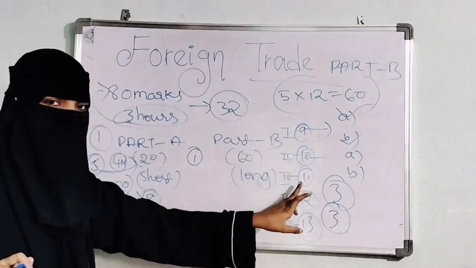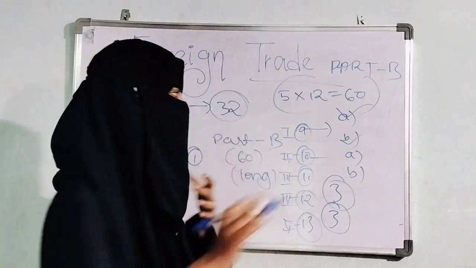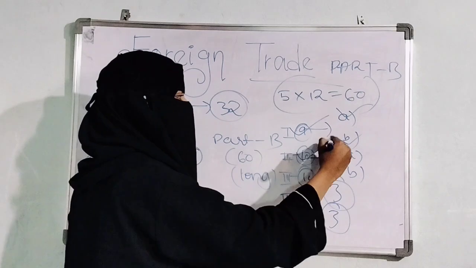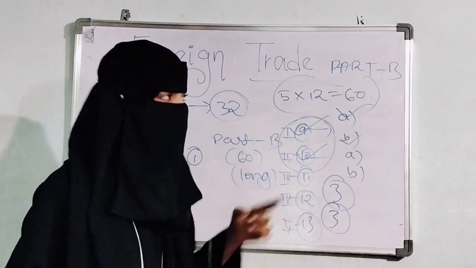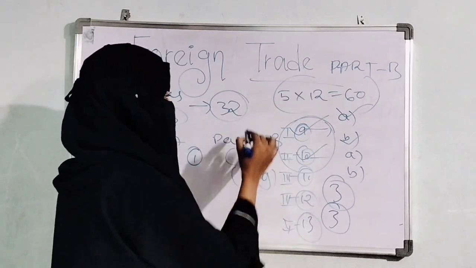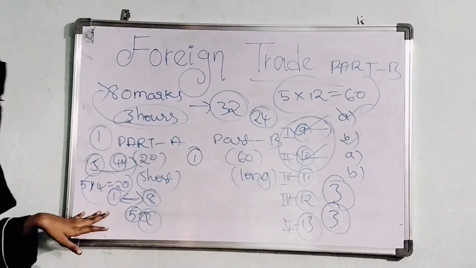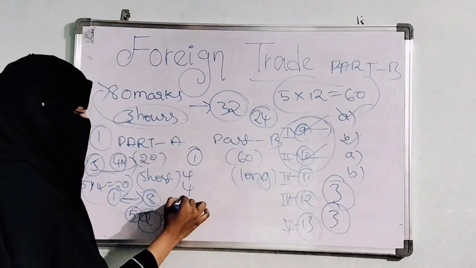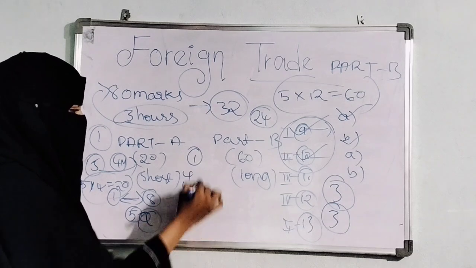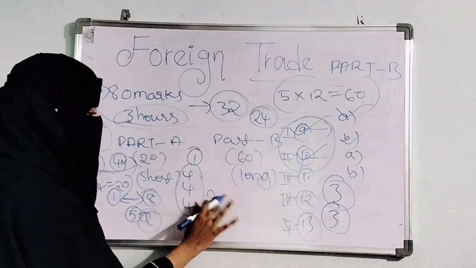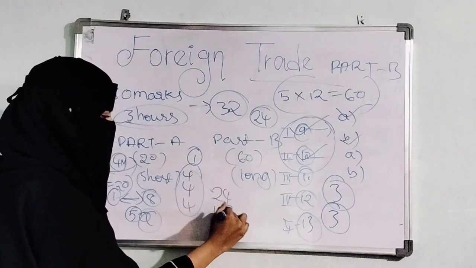In long questions, you attempt any 2 questions. If you are attempting 2 questions, 12 plus 12, 24. You attempt any 3 questions in the short: 4 plus 4, 8, 12. 24 plus 12, how much more?